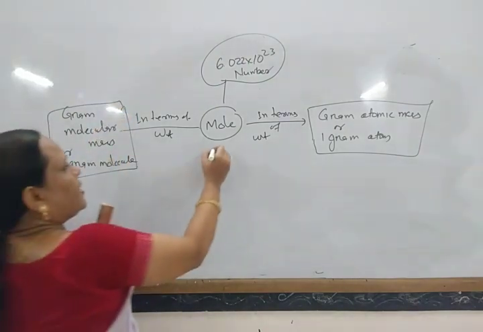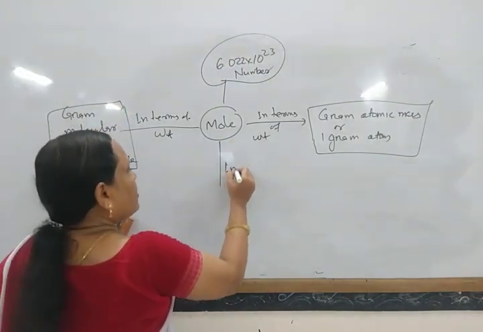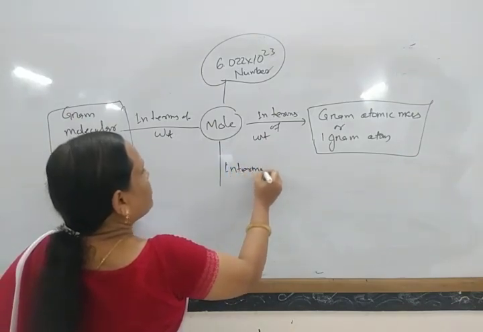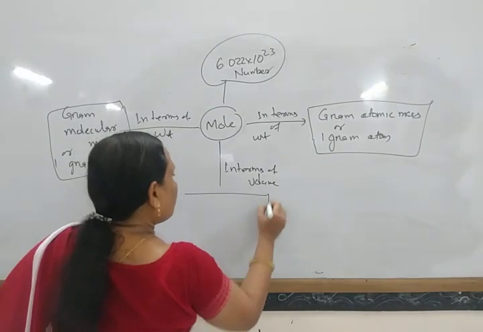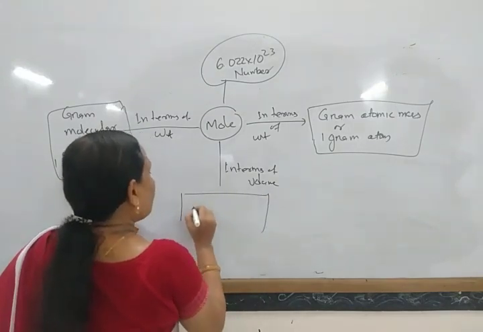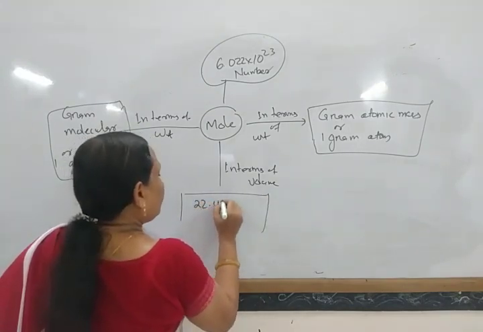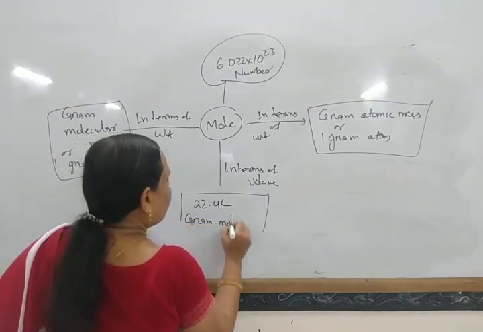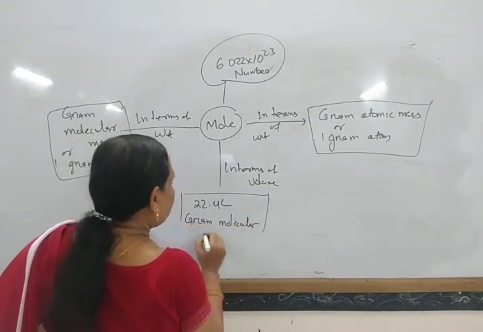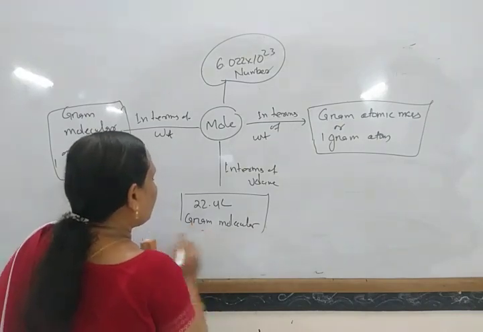In terms of volume, 1 mole is equal to 22.4 liter. That is also called gram molecular volume.